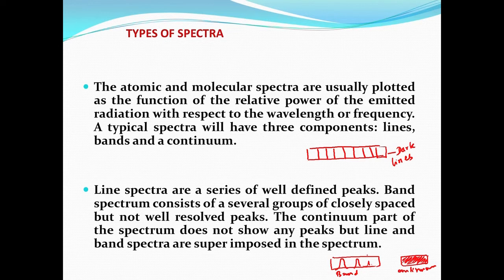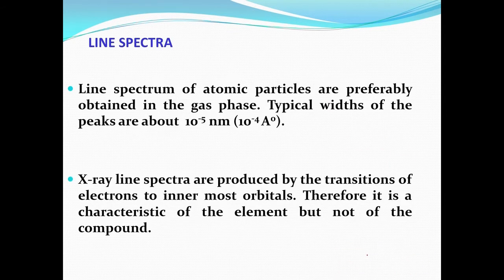Okay. So, in line spectra, the atomic particles are preferably obtained in the gas phase. That means, if I take material in the form of a gas and pass the radiation through the gas, I get line spectra. If I put a photographic plate at the other end, I get different dark lines, that is line spectra.